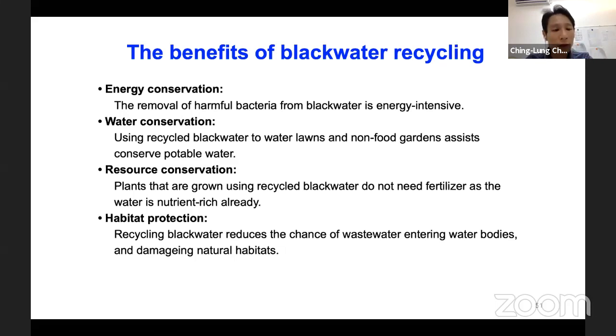The third is resource conservation. Plants grown using recycled black water do not need fertilizer, as the water is already nutrient rich. And habitat protection. Recycling black water reduces the chance of wastewater entering water bodies and damaging the natural habitat.